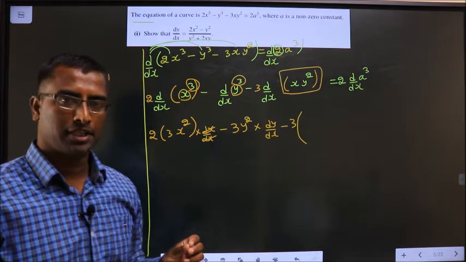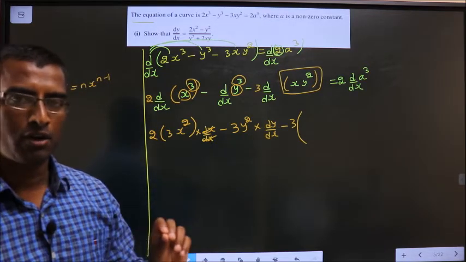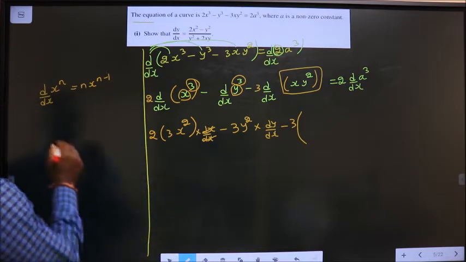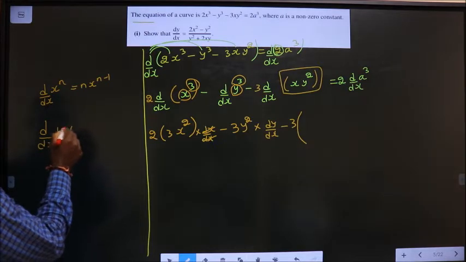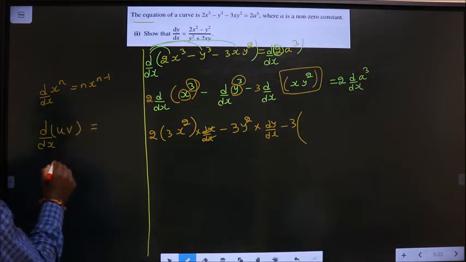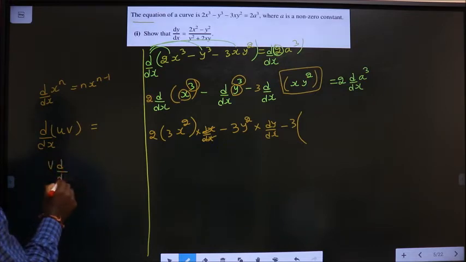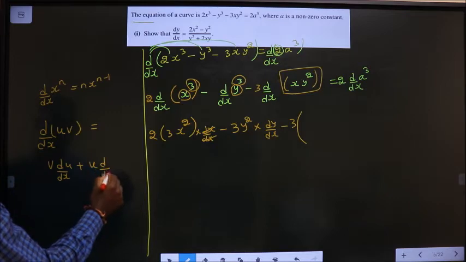Whenever you want to differentiate a product, you should make use of the product rule or UV rule. That means d/dx of u into v is equal to, the formula is v into d/dx of u plus u into d/dx of v.